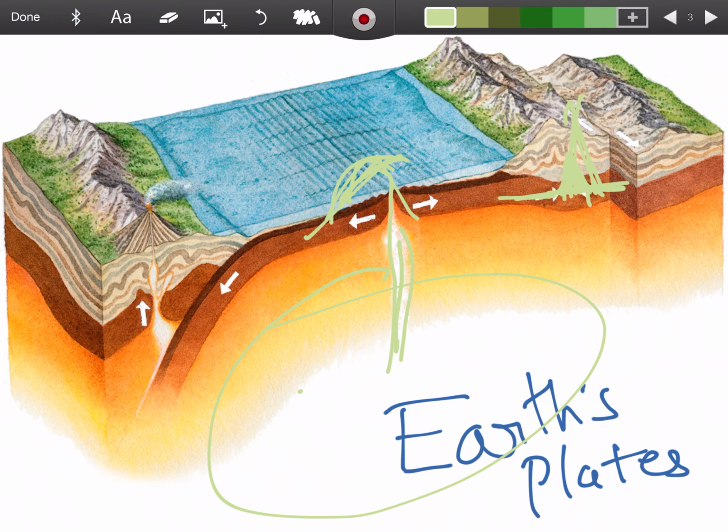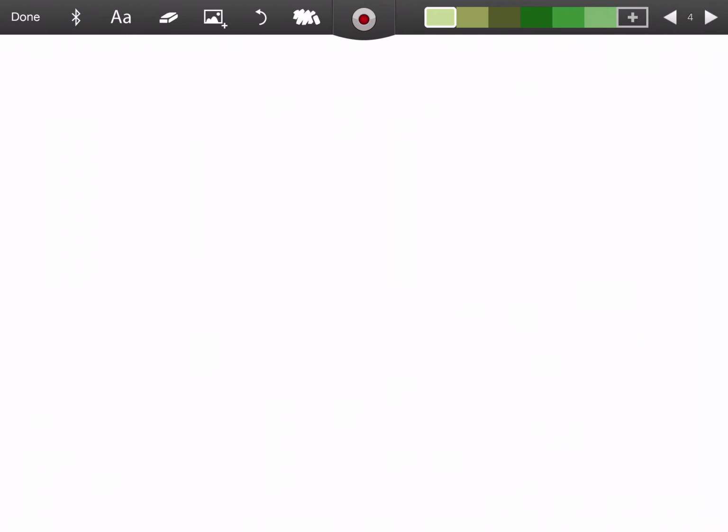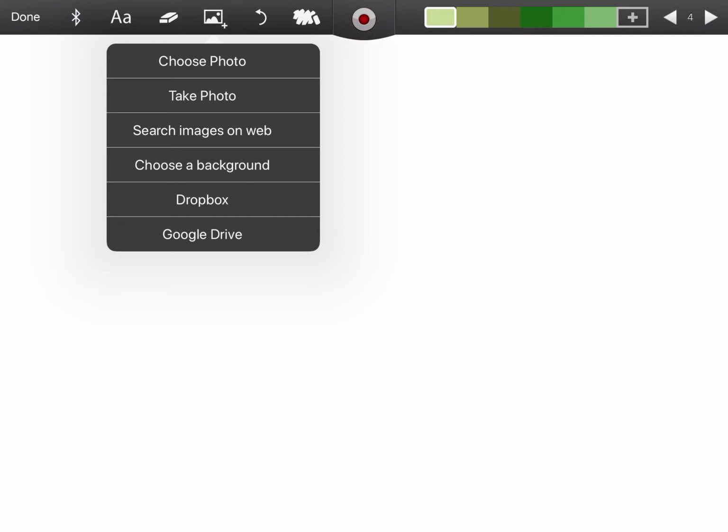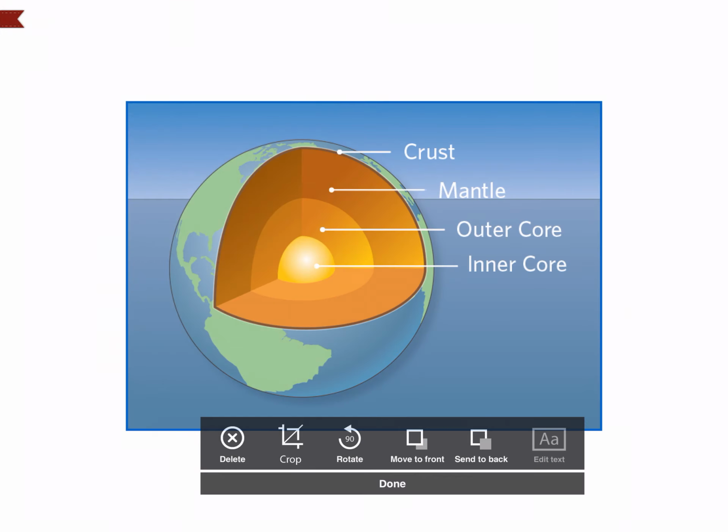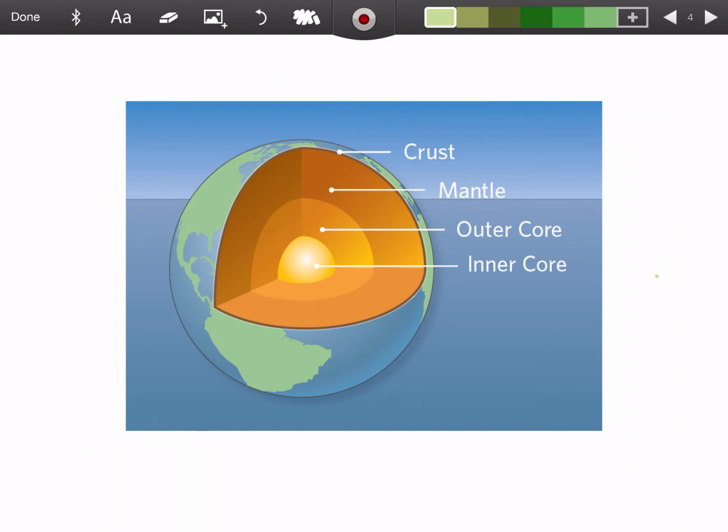Now I'm going to show you an image of what is inside the earth. This is the outer core, and then this is the inner core. No human can survive over here.